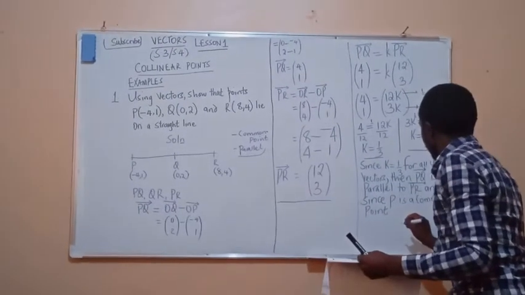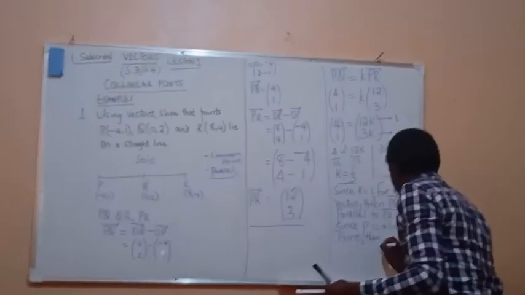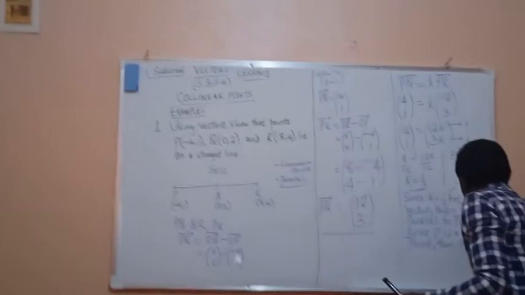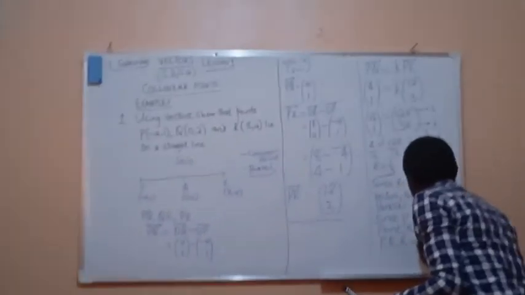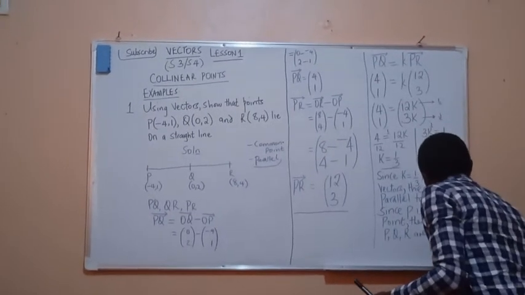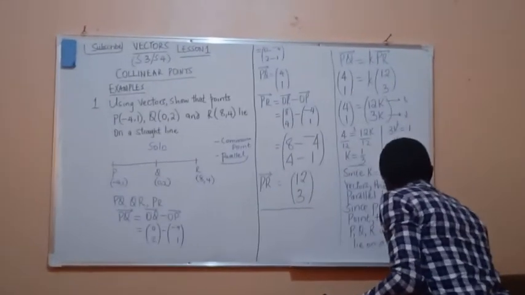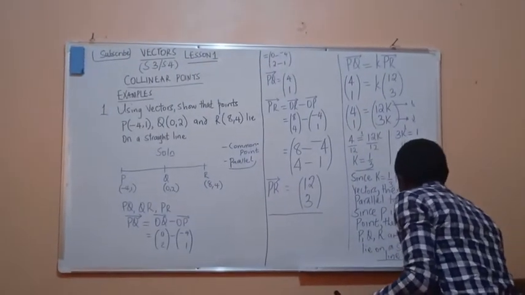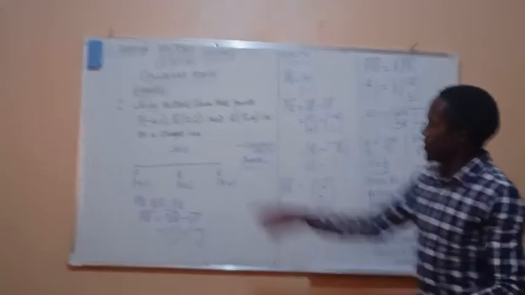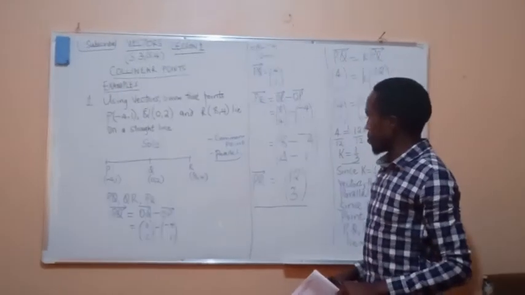Since P is a common point, then points P, Q, and R are collinear, or lie on a straight line. In that case, I will have proved to the examiner that points P, Q, and R lie on a straight line or they are collinear.